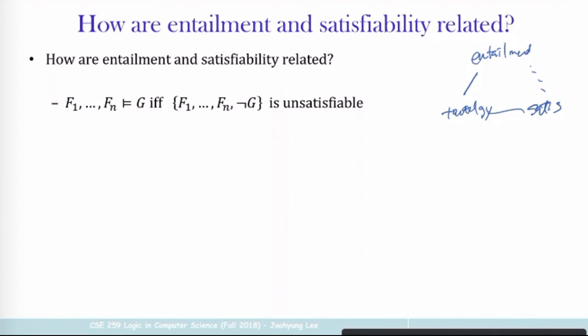Okay, so let's look at an example. Actually, we can use the same example. Actually, let's look at this one. Is this entailment true? P or Q and not P or Q, does it entail Q?